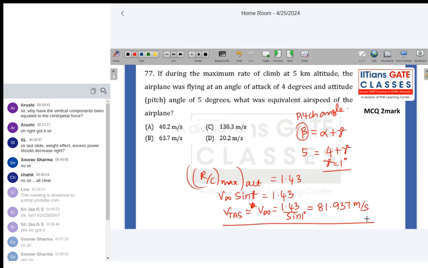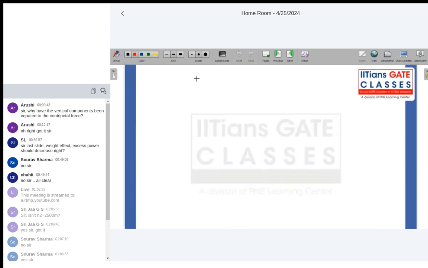This is the true airspeed because we have taken density changes into account. If the density changes are not taken into account, that is called the equivalent airspeed. So the equivalent airspeed is calculated as the root of rho by rho naught, times the true airspeed.